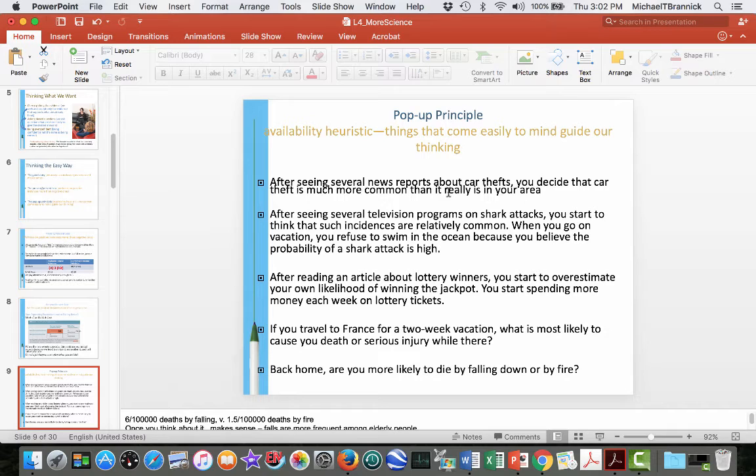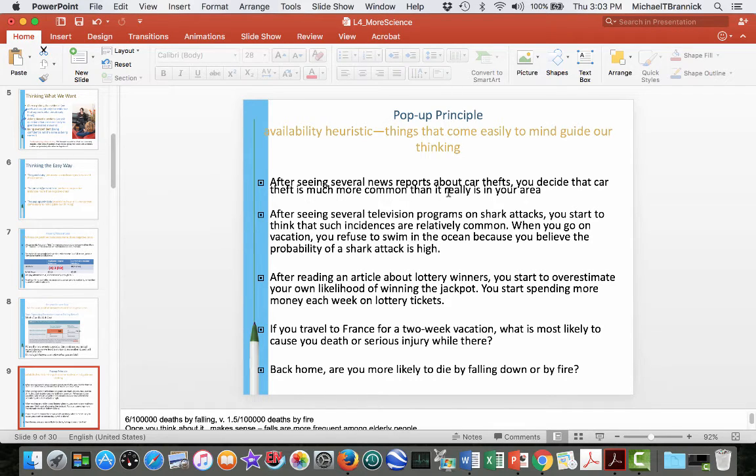Or you watched Shark Week and you saw shark attacks, and you start to think that shark attacks are common, and then you go to the beach and decide, I'm not going in there because probably I'll get bit by a shark if I go wading in the water. Or if you read about lottery winners, you start to overestimate your own likelihood of winning the jackpot, and you start spending a lot of money on lottery tickets.